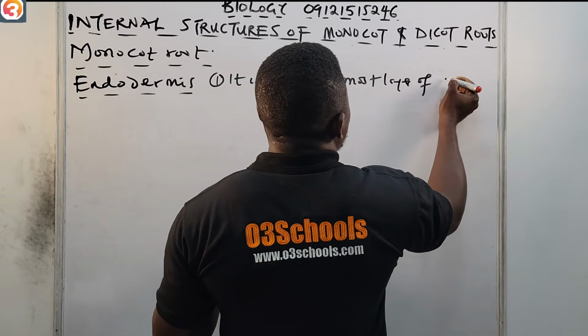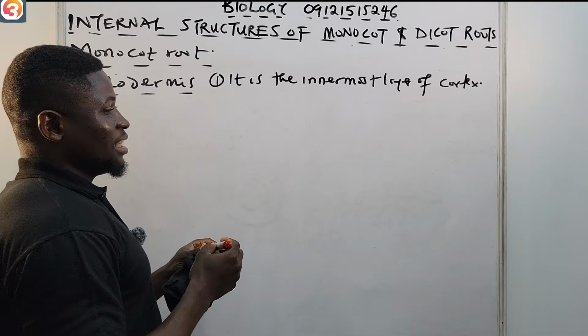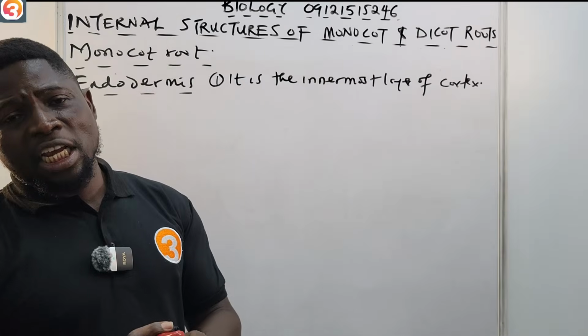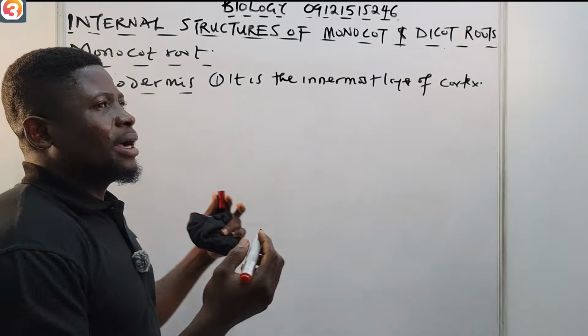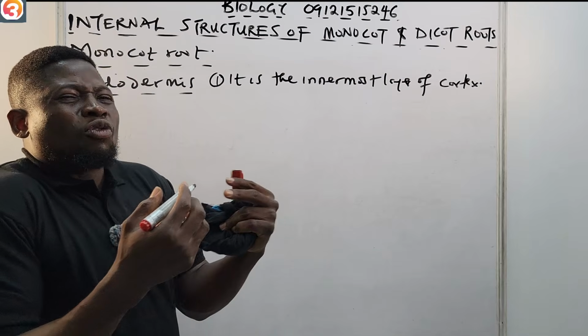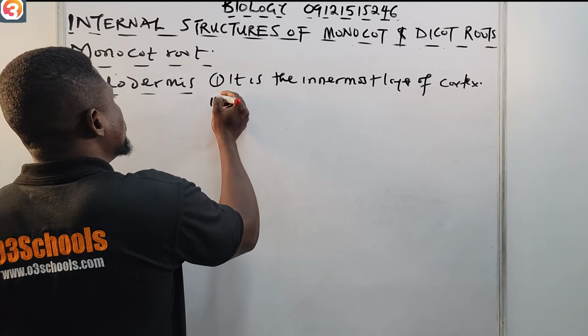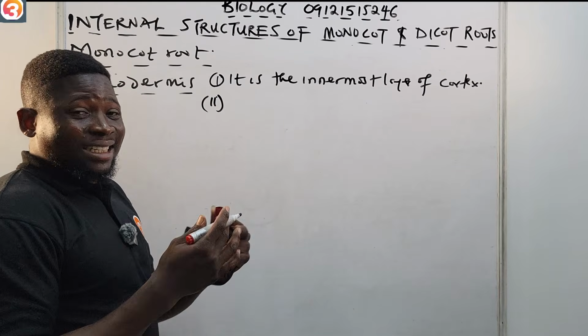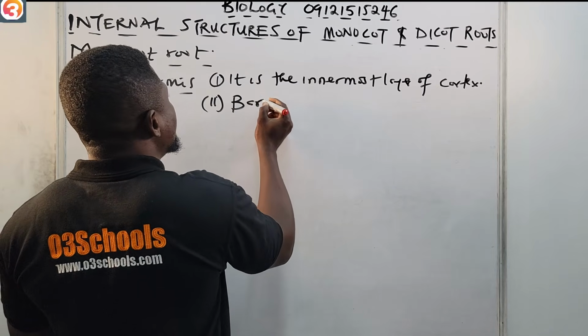And what do we remember from the last class? We said it is barrel shaped. By barrel shaped, we mean that they are cylindrical and rounded at both ends.